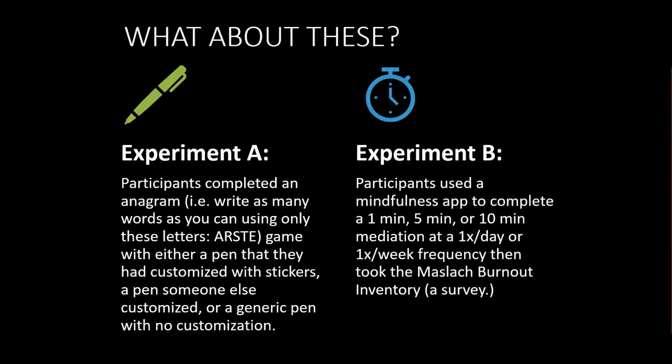Participants were asked to do that with a pen that they either customized with some personal stickers, like Pokemon or a sports team or whatever, or they were given a pen that somebody else customized, or they were given a pen with nothing on it at all, just a plain boring pen.